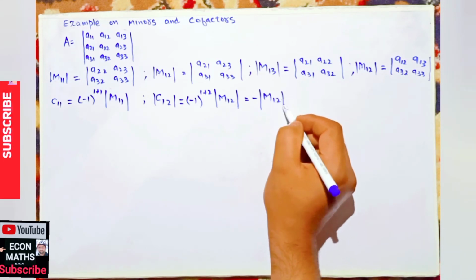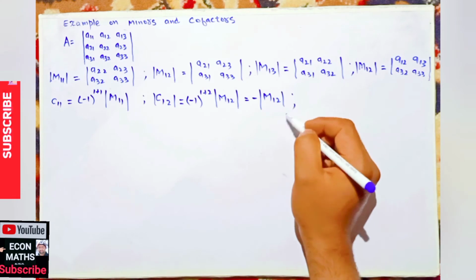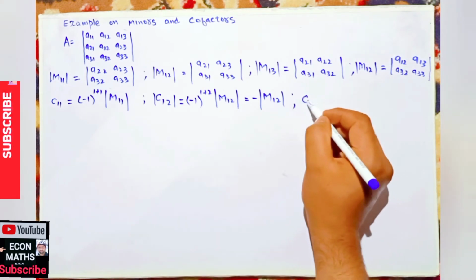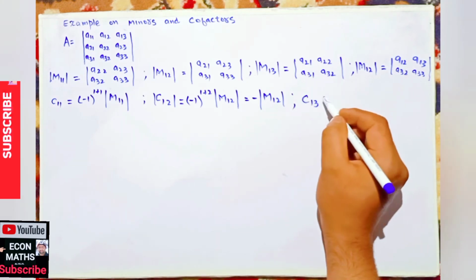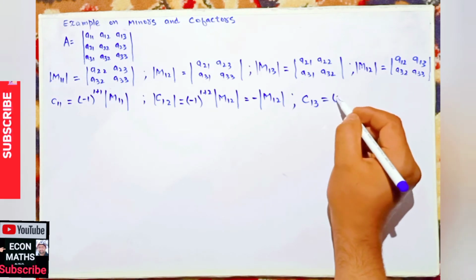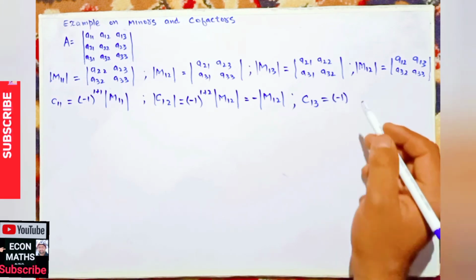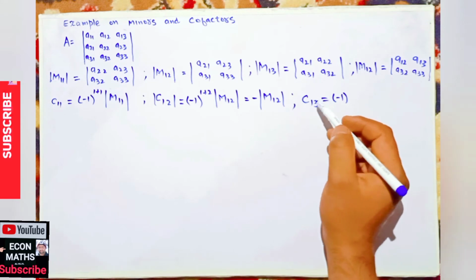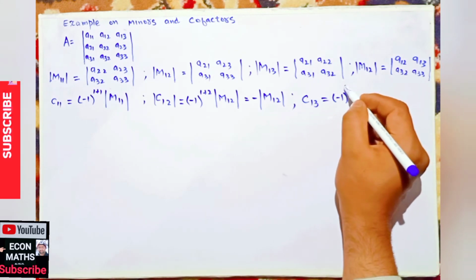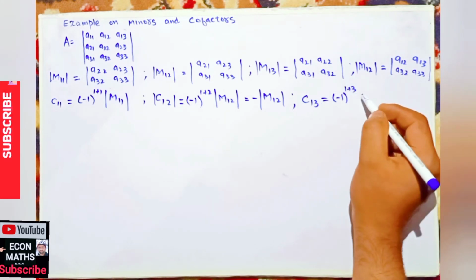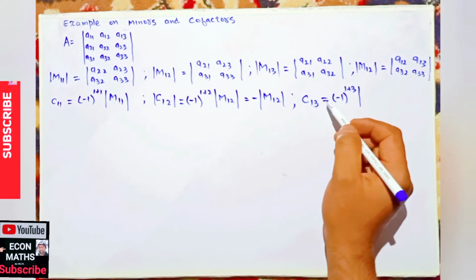Similarly, the third cofactor is given by C13, and the formula is we take -1 and raise it to the power of the addition of the subscripts, that is 1 plus 3, and multiply it with the given minor.